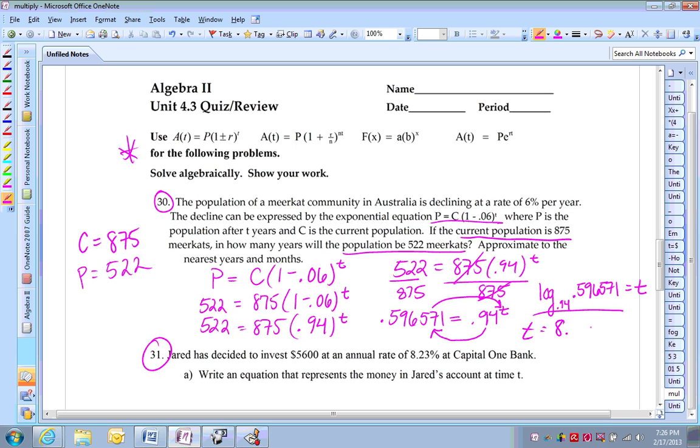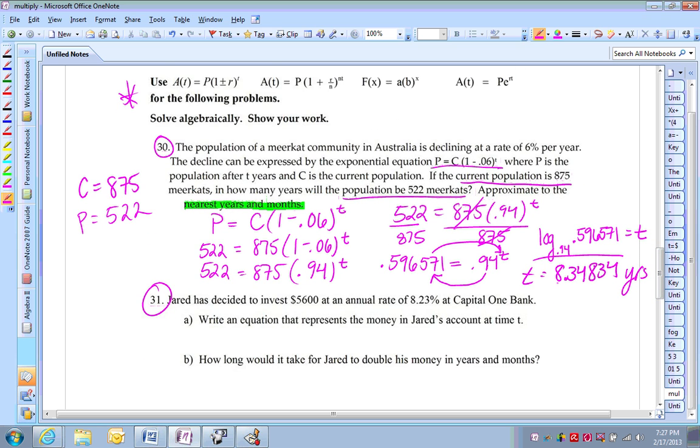So it's going to take 8.34834 years. But remember, they want our answer in the nearest years and months. Now, some of you took that as giving me 8 years and then also converting this number and multiplying it by 12 to give me the number of months. But that's not what they want. They want this to be converted to 8 years and so many months. So we have to look at this decimal part right here, this 0.34834, and convert that part into months.